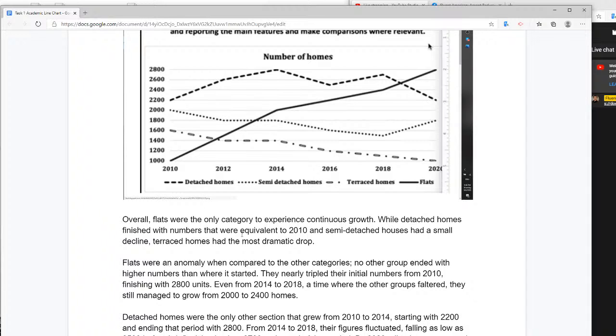Okay, so we mentioned that in 2010 they had 2,200 units, and then in 2020 they also have 2,200 units. So we're falling back into the same categories.